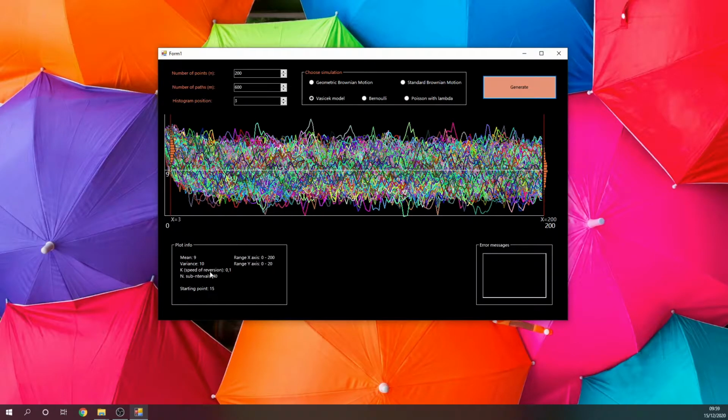In the plot information, we have a Vasicek model with mean 9, variance 10, a speed of relation of 0.1, the number of subintervals are the same, and the starting point is 15.